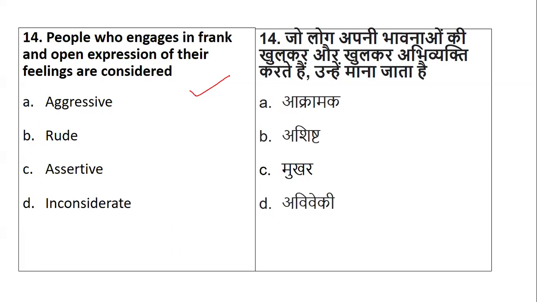Rude, the person is not softer. Assertive is something positive. Inconsiderate means not considerate. So if you see all the options, only one is the odd man out, and that is assertive. So a person who is very open and frank in expressing his feelings is called what? Assertive, right?